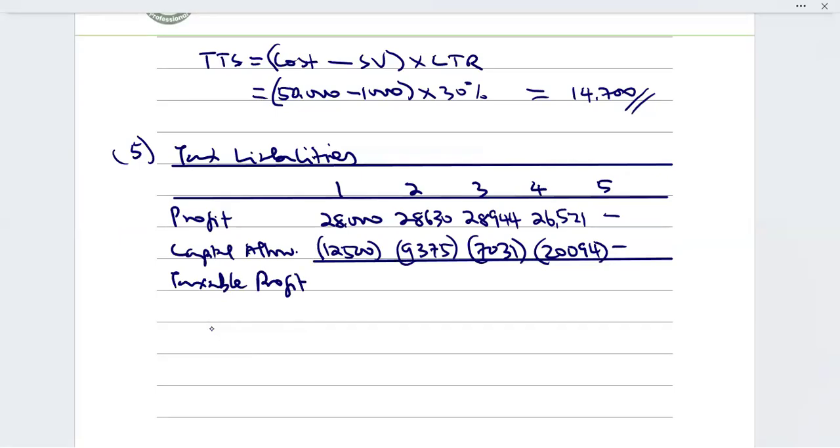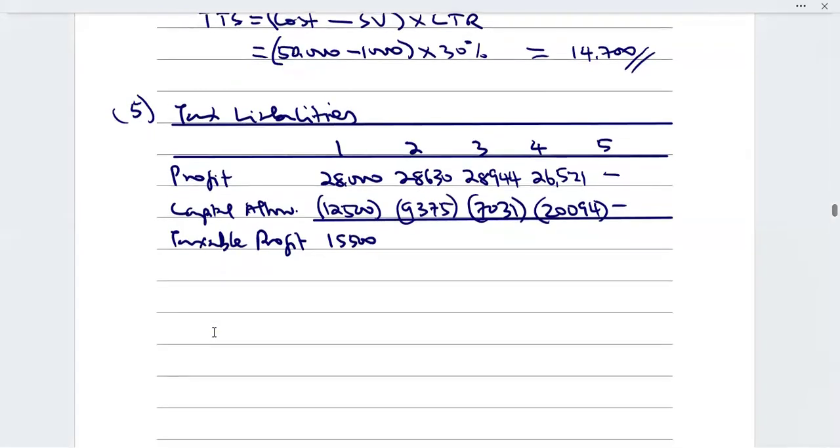So what's the difference? 28,000 minus 12,500, that's 15,500. Next one, 19,255.